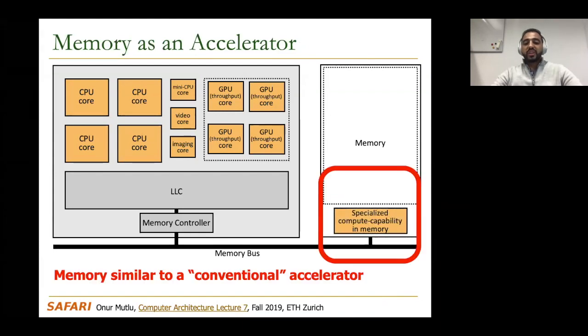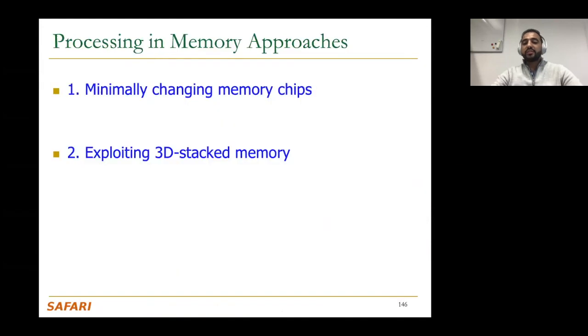So we could also have specialized cores next to the data, not necessarily inside the DRAM. And this tells you that there are two ways to do processing in memory. Either changing the DRAM minimally and providing more computation power to these DRAMs, or you can use what we call 3D stacked memories.